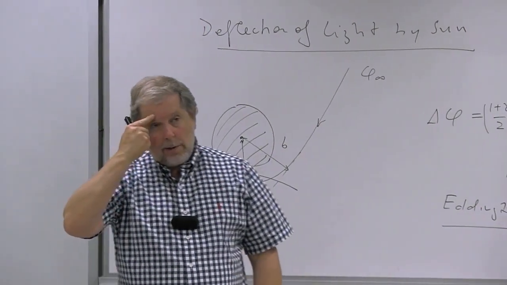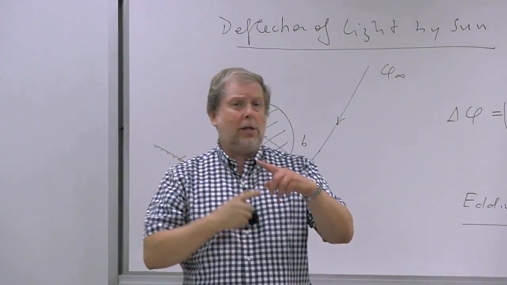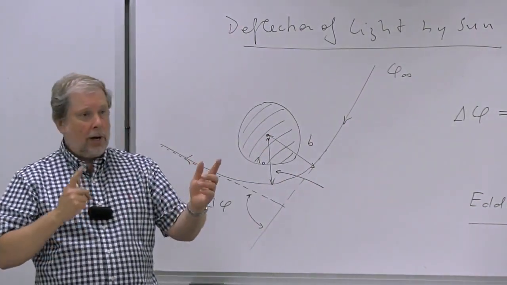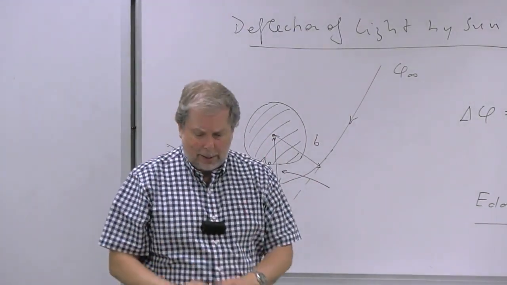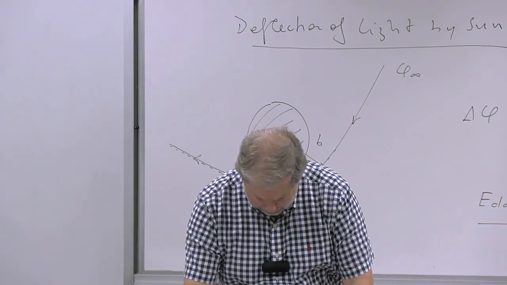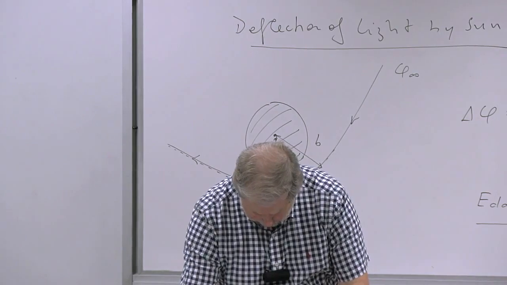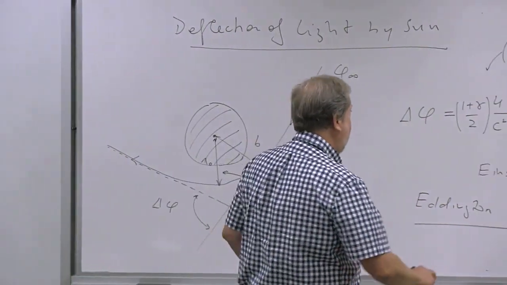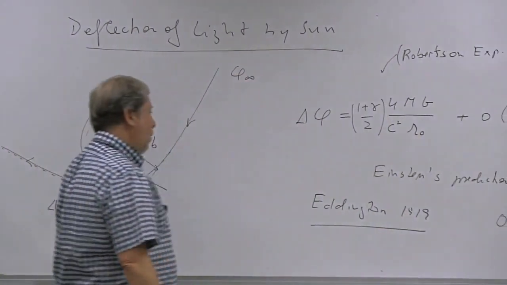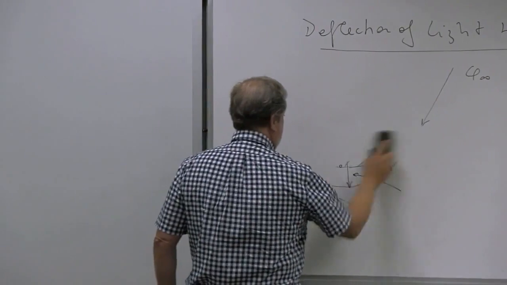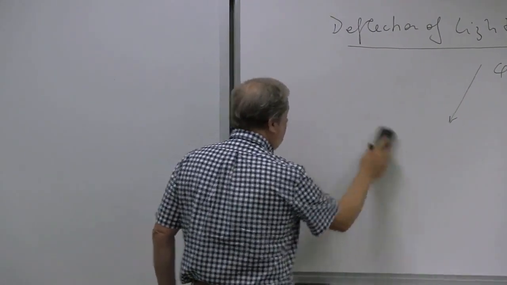And in fact, you can even have binaries where one of the two is emitting something, say, for example, radio waves, and the other one is going to deflect that. So there's a number of different instances where the same kind of calculations can be done, and you can obtain useful results to test GR. And well, as far as we know, everything agrees with GR at this point within observational errors.